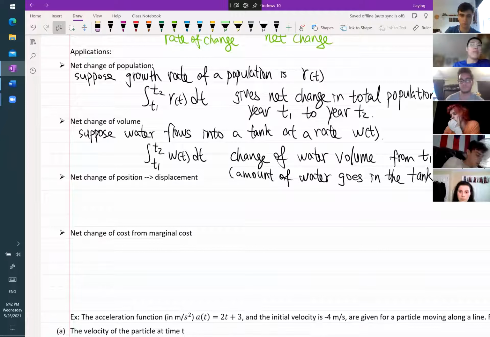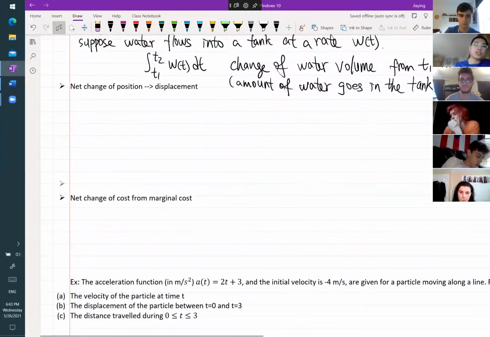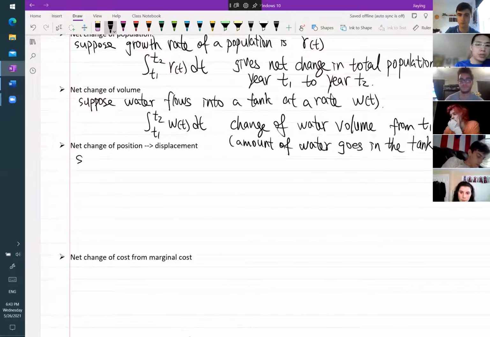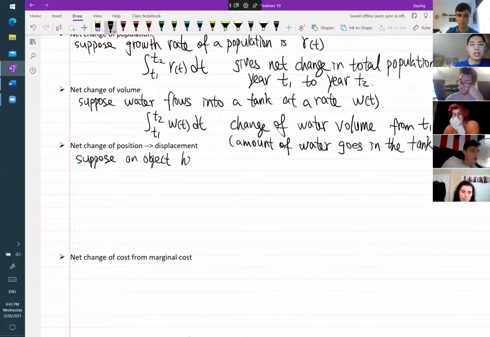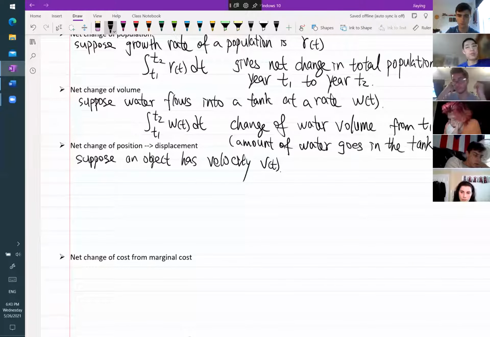I'm going to go over one more, then I'm going to skip the marginal cost one. The next one is called change of position. So suppose some object has velocity v of t. If you recall, if we integrate velocity, we get the position function, not the distance, the position more precisely.